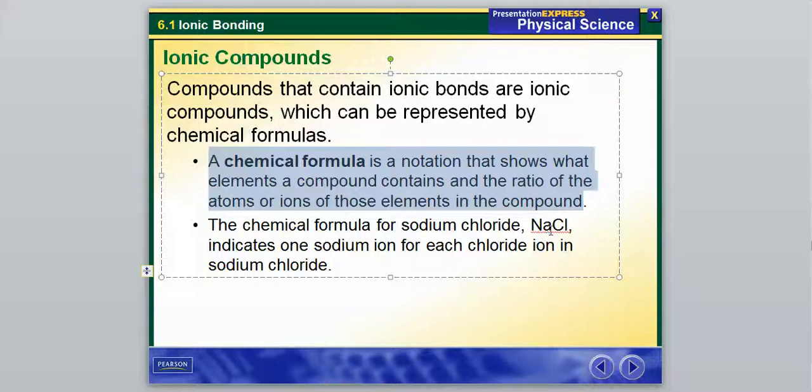To give an example of the ratio, if this was a different compound, there could be a 2 here, showing there are 2 sodium ions, and a 3 there, meaning there are 2 sodium ions for every 3 chloride ions. Again, this is a bad first example because it's 1-to-1 in this one. Now we'll go over an actual example that will help this make more sense.